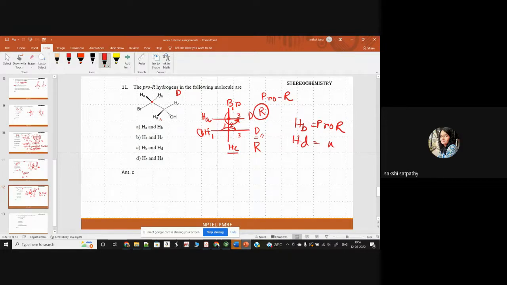Sir, if instead of deuterium we take some other higher group, then won't the configuration change? Yes, you can take a higher group, we definitely can check, but it should not hamper the priority of the other group. If we consider a very high group, means higher than bromine, then it can change the absolute configuration of the center.